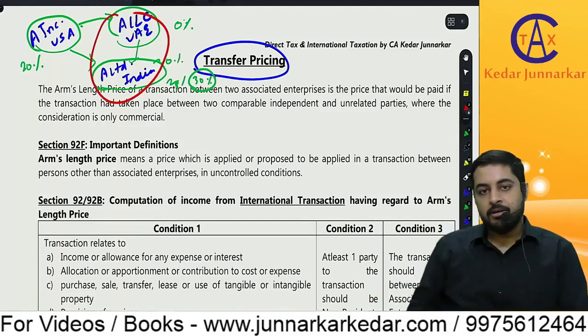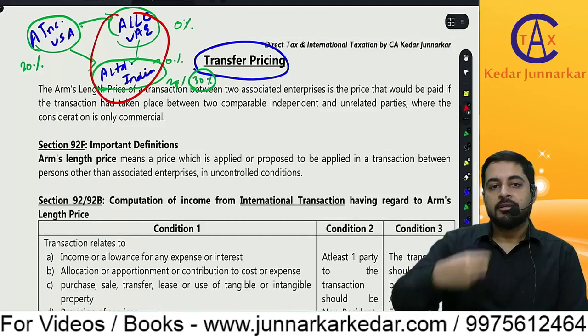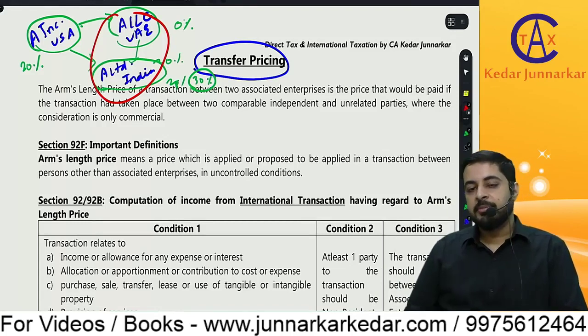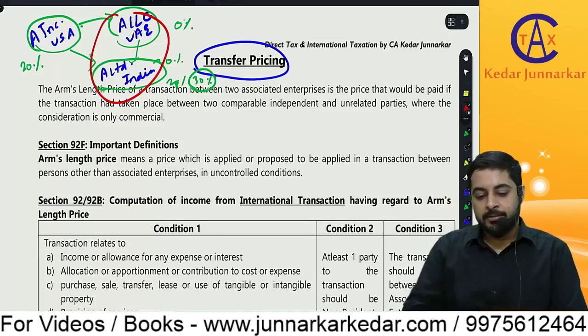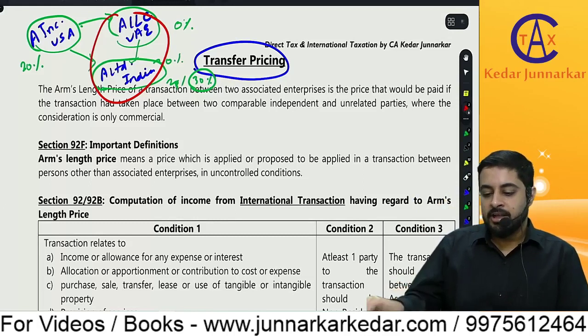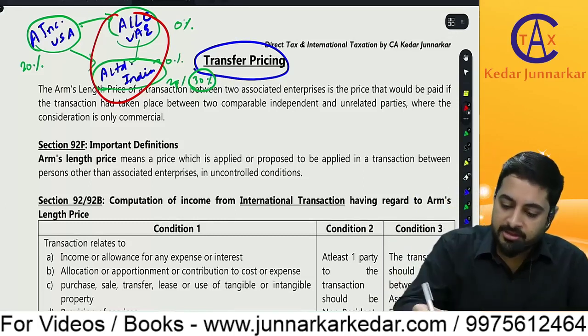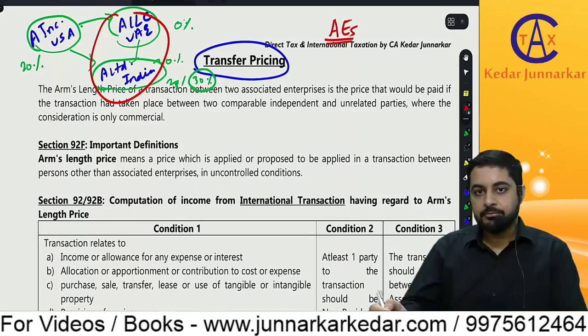Imagine you are A Limited of India and I'm A LLC UAE, and we are related. Maybe I am holding 50% or more in your company, or you are holding in mine. Anyways, both ways it is fine. In such a case, these persons in the transfer pricing scenario are not called related persons. They are called associated enterprises.